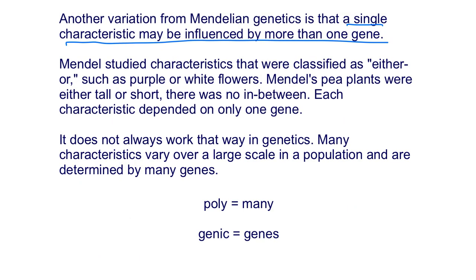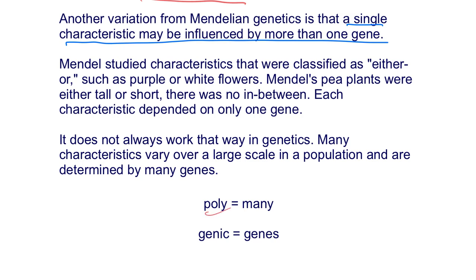Okay, we just talked about pleiotropy, or pleiotropic inheritance. Now we're going to talk about polygenic inheritance, which is just the opposite. In polygenic inheritance, many genes are involved with a given trait. For example, your height's not determined by one gene, it's determined by many genes.